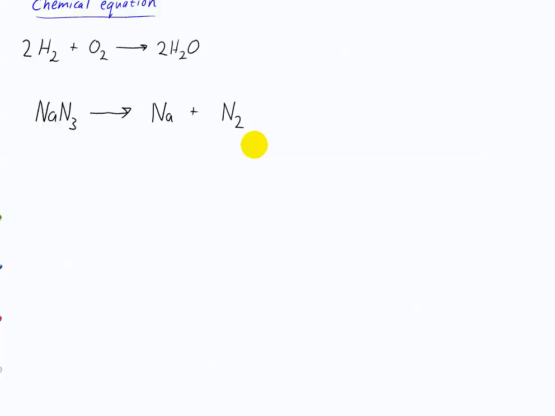It's not. What's wrong with it? There's a nitrogen missing. So now I have to manipulate those coefficients, those numbers in front, in such a way that they do balance. So how can we do that?